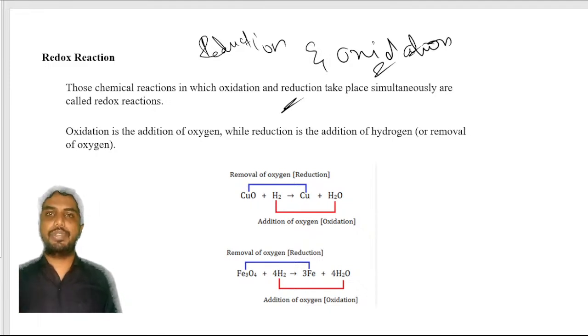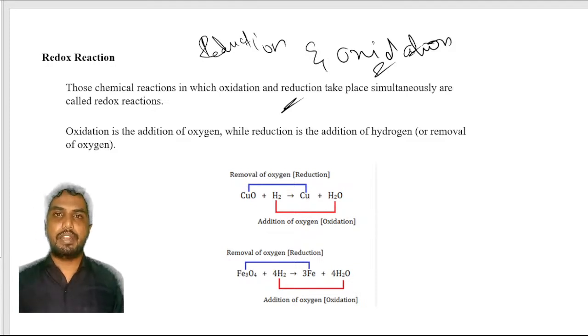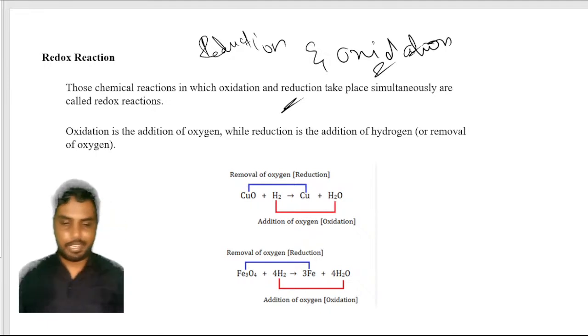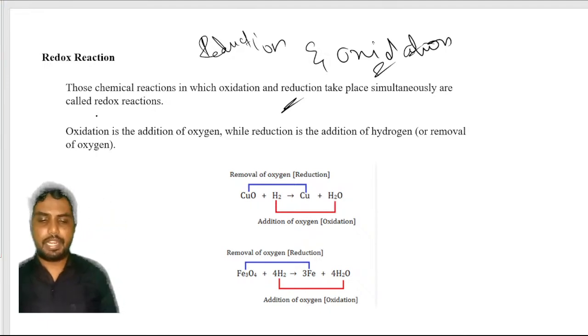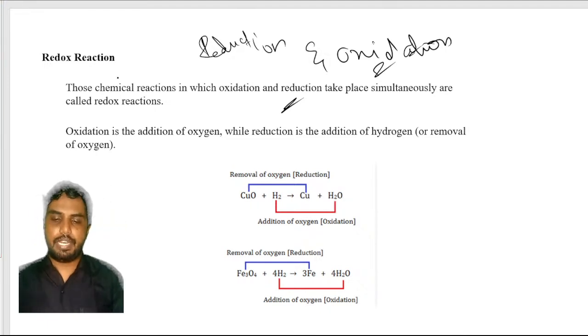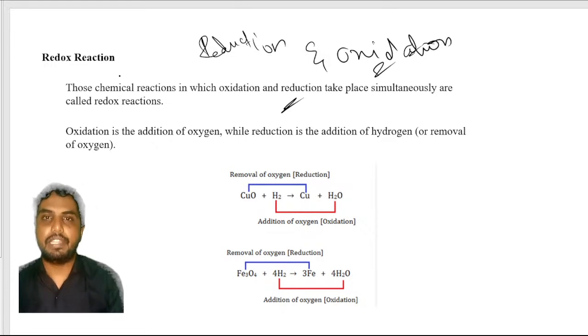First of all, you need to know what is meant by oxidation and what is meant by reduction. Those chemical reactions in which oxidation and reduction take place simultaneously are called redox reactions. You need to note this word, simultaneously. This is very, very important.